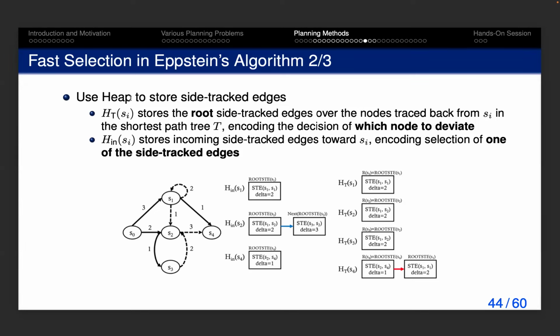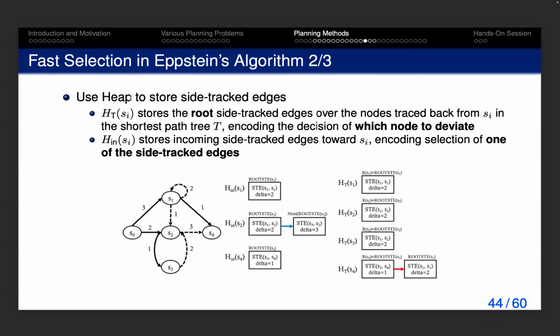This root is not visible in this view, but it follows the convention of Eppstein's algorithm, where he defined a graph over the heaps and so on. So it actually has a root in the heap data structure, but in this view you don't have such things. Again, this heap stores which nodes to deviate at.